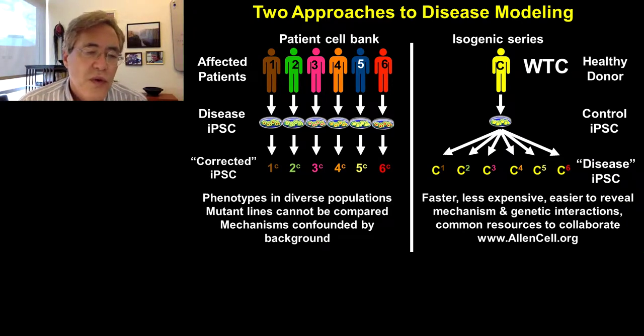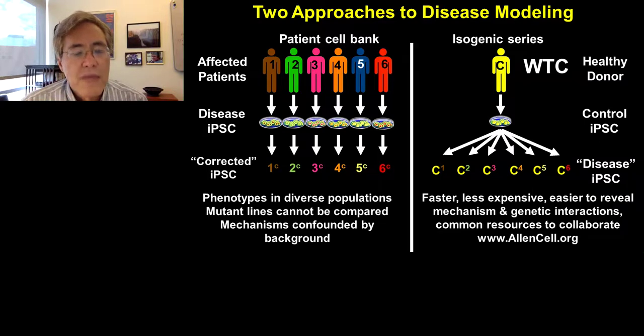On the left is the type which is the most commonly used in the world, and that's essentially to collect fibroblasts or cells from different patients, such as patients 1 through 6, 6 being in red here, where you can make diseased iPS cells, and then you can compare those to see in diverse populations how those cells behave. You can even correct those different iPS cells, and that has been informative.